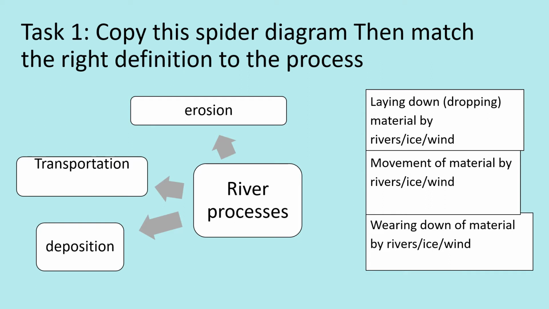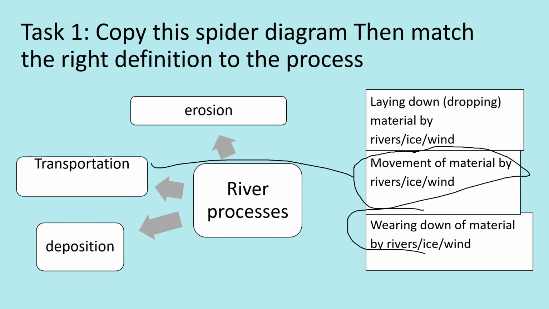So the movement of material, this one here, is your transportation, obviously. Movement of material by your rivers, like stones, etc., is transportation. The wearing down of material, so for example, acting like sandpaper, is erosion. And obviously laying down, dropping a material is deposition.